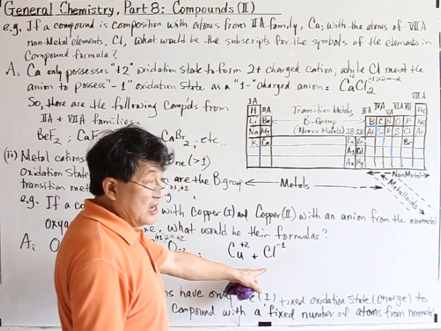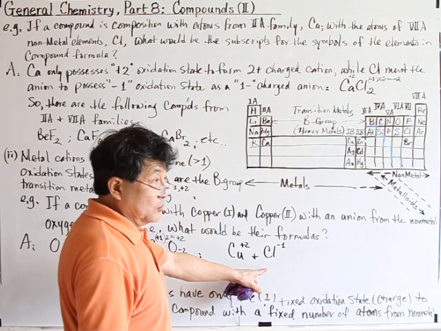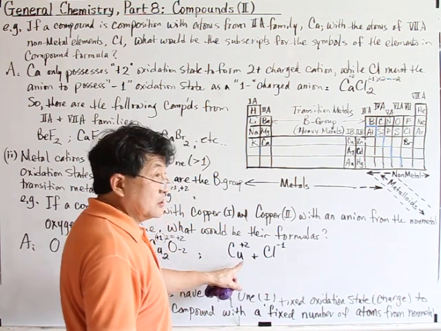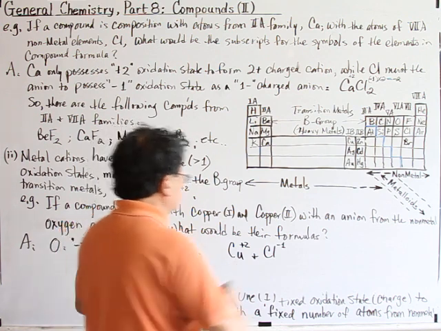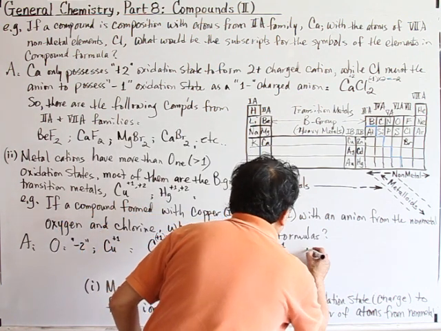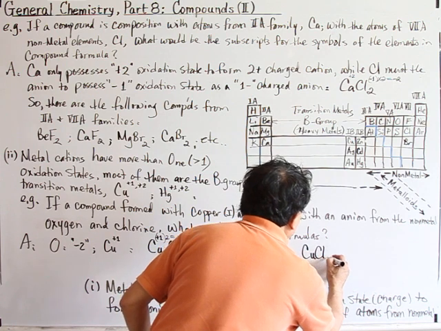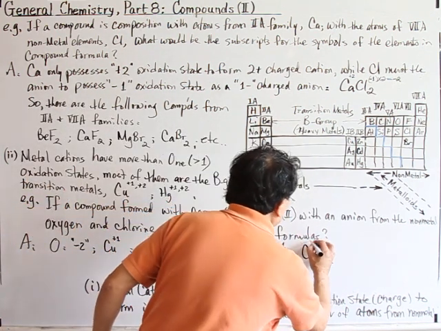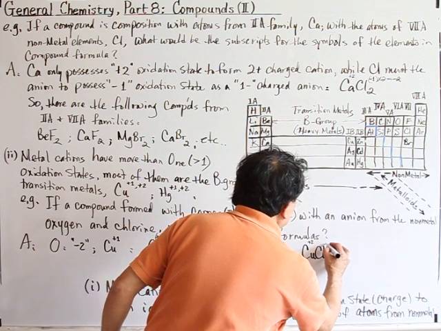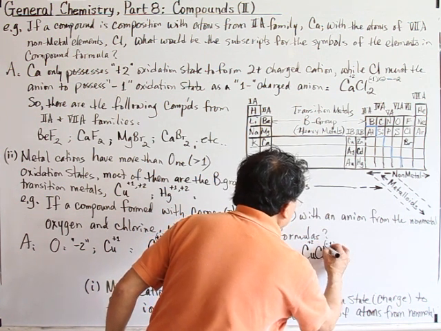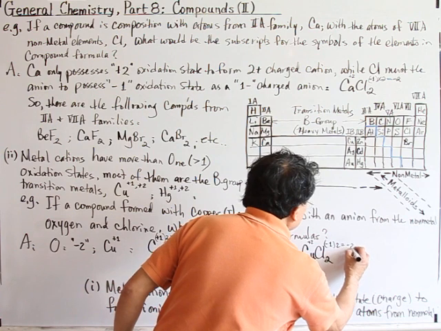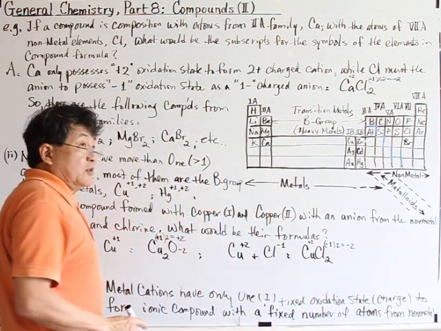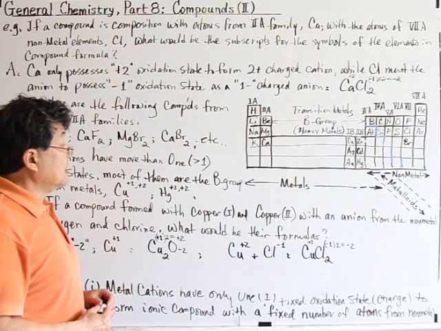So this would be copper chloride with a 2 subscript: CuCl2. This is minus 1, but you multiply by 2 outside, it is minus 2. Plus 2 minus 2, they balance, achieving the neutrality of the compound.